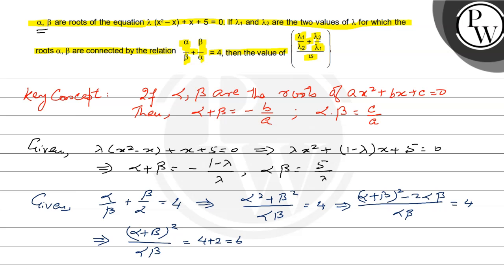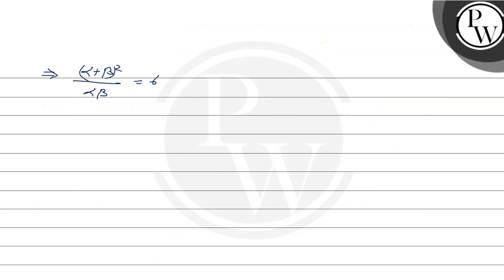So we will be putting that value there: minus (1 minus lambda) by lambda, whole square, and alpha beta is given as 5 over lambda.